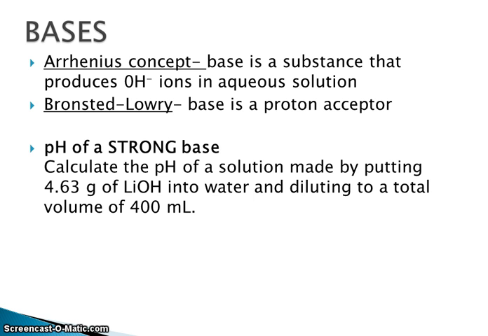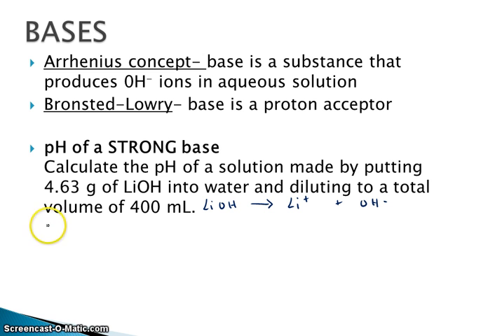We need to calculate the concentration of the lithium hydroxide, which will be equal to the concentration of the hydroxide ions in the solution. And then from there, we can use our equations that deal with the pH scale to calculate the pH of the solution. All right, so our lithium hydroxide is going to dissociate into lithium ions and hydroxide ions.